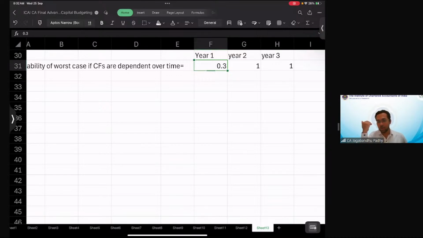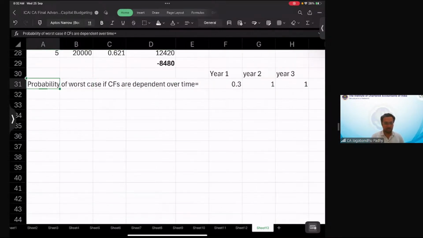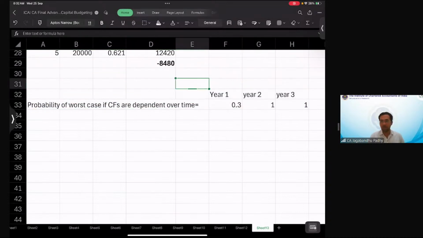There is no separate possibility at all that year 2 and year 3 cash flows are going to be quite different. Got it, guys? So year 2 and year 3, probability of worst is going to be definitely 1. Are we clear? Since the cash flows are dependent, once it turns out to be worst, it will continue to be worst.